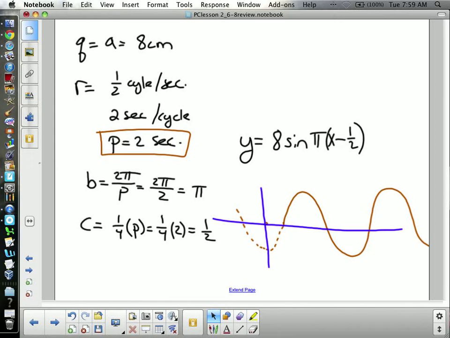So one cycle takes how long? Half a second. Remember, they're giving us cycles per second, which is frequency. We want period, which is a reciprocal of frequency. That makes the period half a second. So 2 pi over 1/2 would be 4 pi. And then 1/4 of 1/2 will be 1/8.